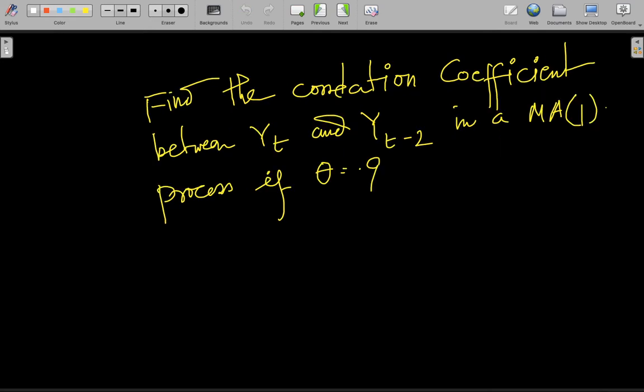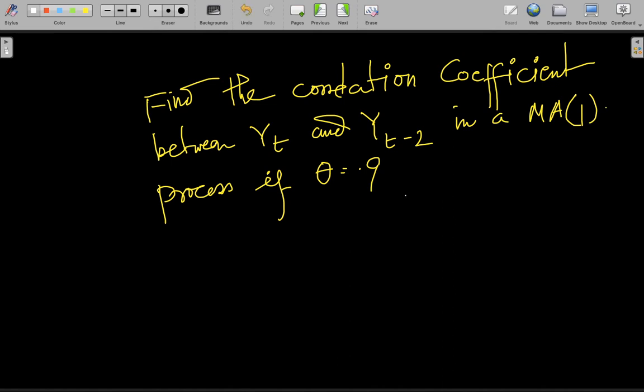Find the correlation coefficient between Yt and Yt minus 2 in an MA(1) process if theta equals 0.9. Now, the major thing that we need to focus on is the order of the process. For an MA process, you can only get a correlation coefficient up to the number of orders you're considering.